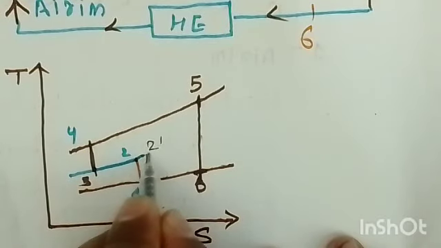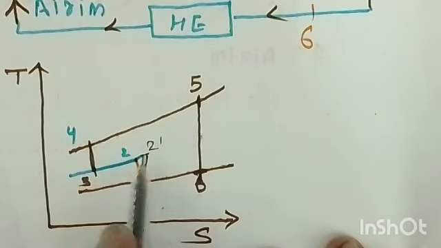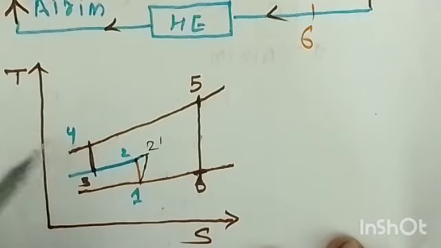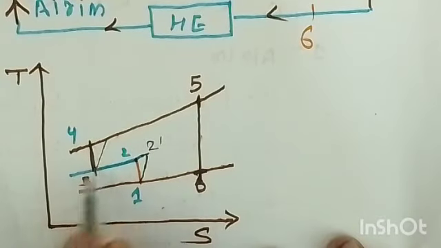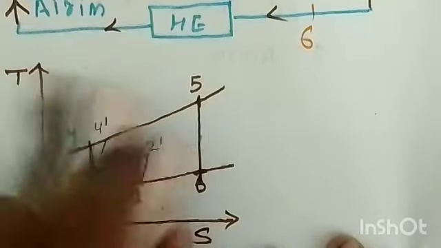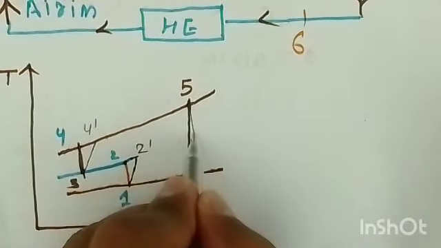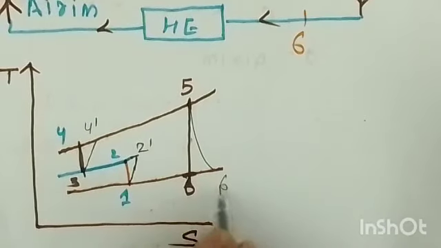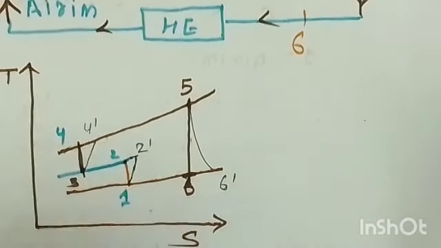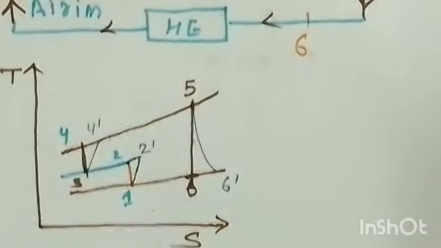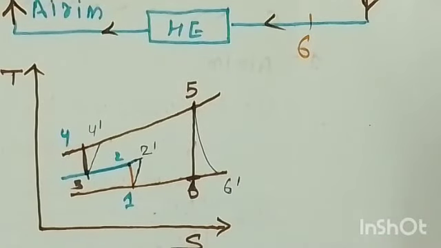This 1 to 2 dash is the irreversible adiabatic compression in the low pressure compressor, means it is the actual, and 3 to 4 dash is the irreversible adiabatic compression in the high pressure compressor. Further, 5 to 6 dash is the expansion in the turbine, and this is the irreversible adiabatic expansion.